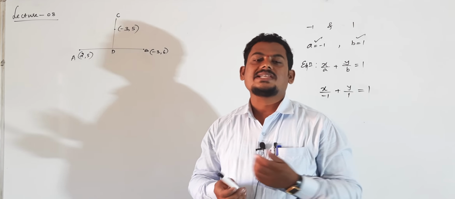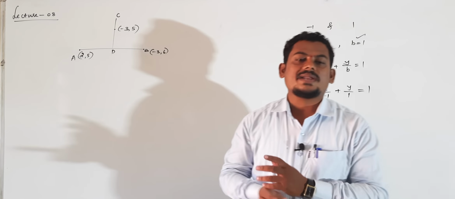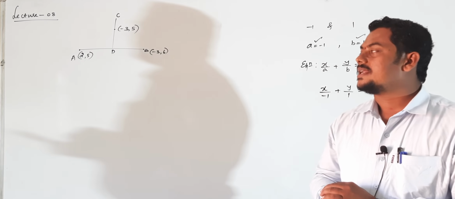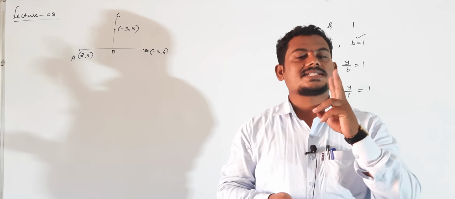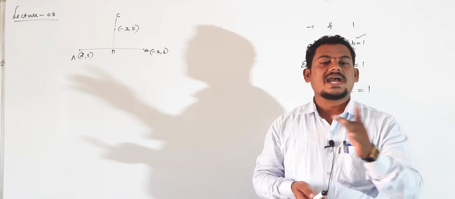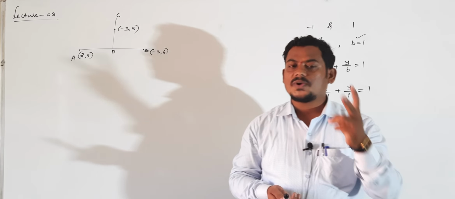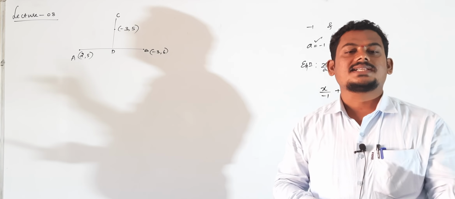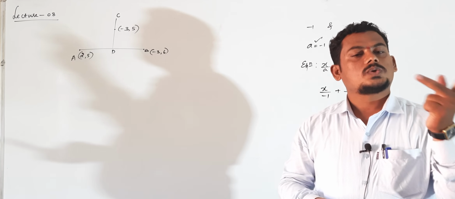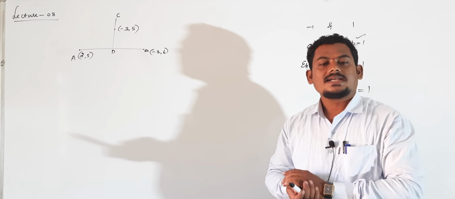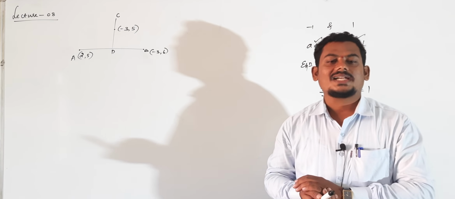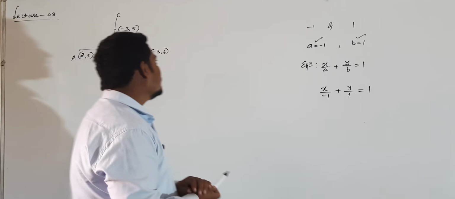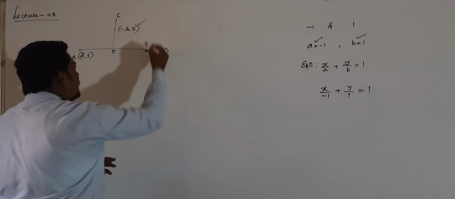For finding equation of the straight line, what are the requirements? We need at least 2 things: slope and one point, or 2 points, or y intercept and slope, or x intercept and slope, or 2 intercepts. In this case, one of the points they have given.